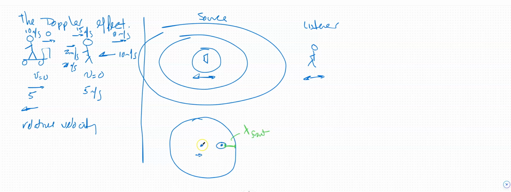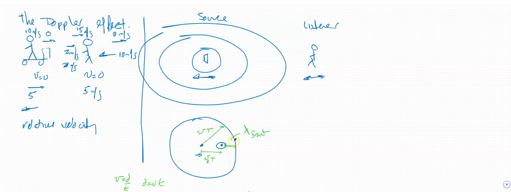Remember, speed is distance over time, so any distance is speed times time. So this distance is the speed of sound times 1 period. Here, that looks like an S, it's a V, V is the speed of sound times the period. And from here to here, this is the speed of the source times the period.